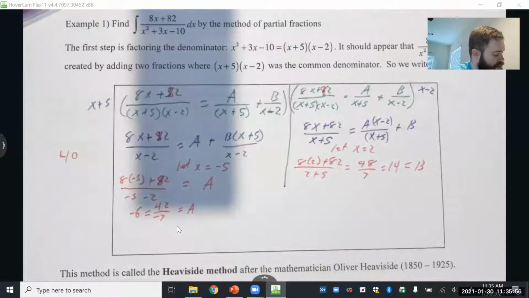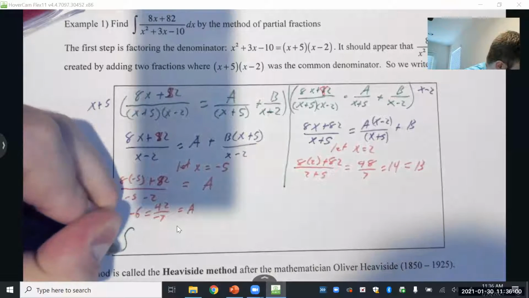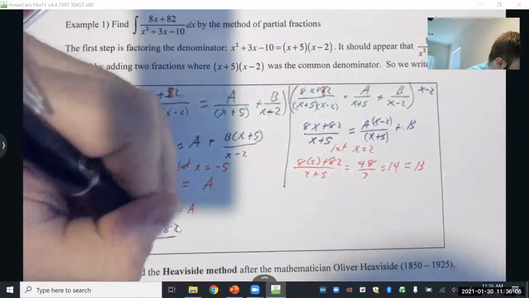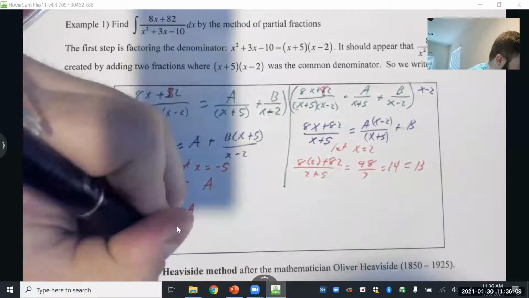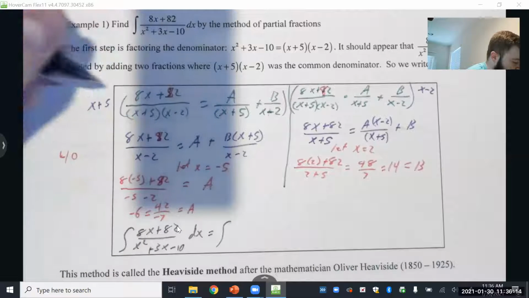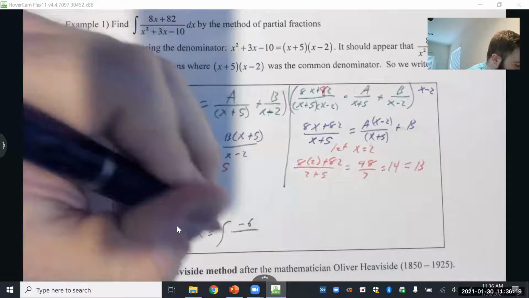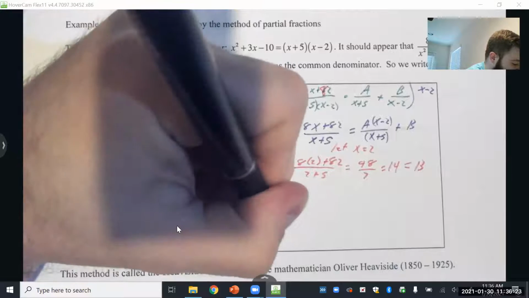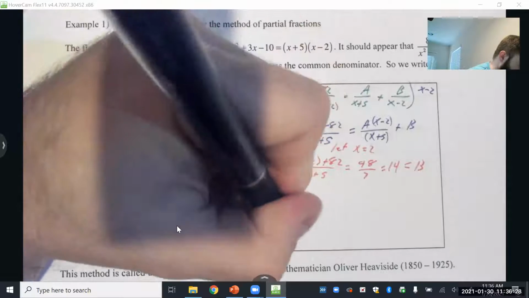Okay, so we found the B, which means that if we are wanting to integrate what we started with, the integral of 8x plus 82 over x squared plus 3x minus 10 dx, that now became, since we found the A and we found the B, negative 6 over x plus 5 plus 14 over x minus 2.